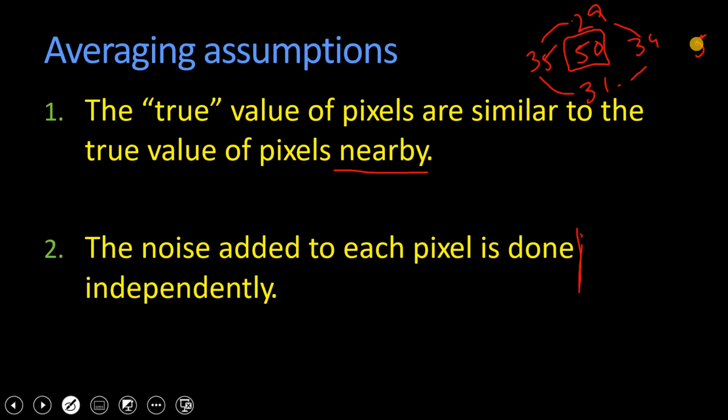Maybe it adds 15 or 10. It is not possible that the noise somewhere adds based on the previous value. It adds with 50. So it is not possible that it will add 50 plus 15, which is 65. That's wrong. That's the meaning of the second thing. The noise is added independently in each pixel. It does not depend on any other past value or in the surrounding pixels. These are the two important assumptions.